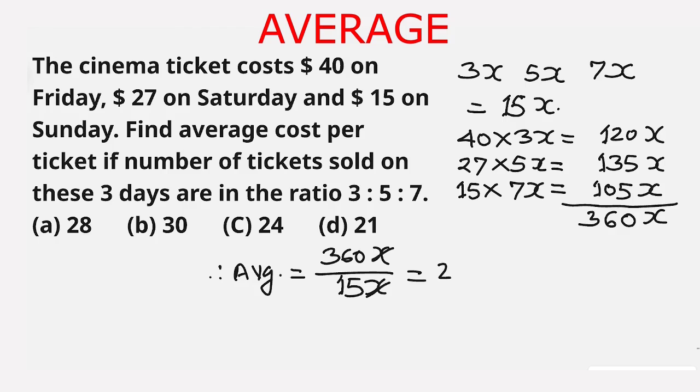We carry 0, it becomes 60, and 15 divides 60 for 4 times. So it becomes 24. So the average cost per ticket for all these 3 days comes out to be $24 per ticket. And from the given options, our answer is option C, $24.